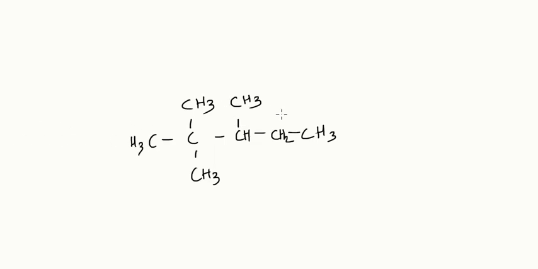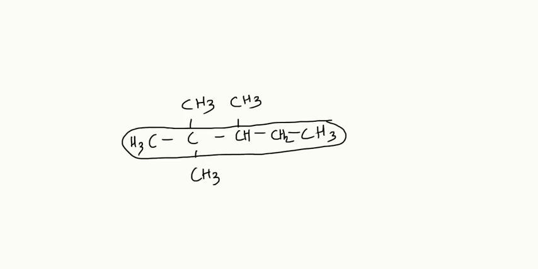Okay, so now we would try to name this molecule. Again, the same steps. First, select the longest chain, that would be this. The second part would be numbering. Again, there are 2 ways in which we could number, from side to side.